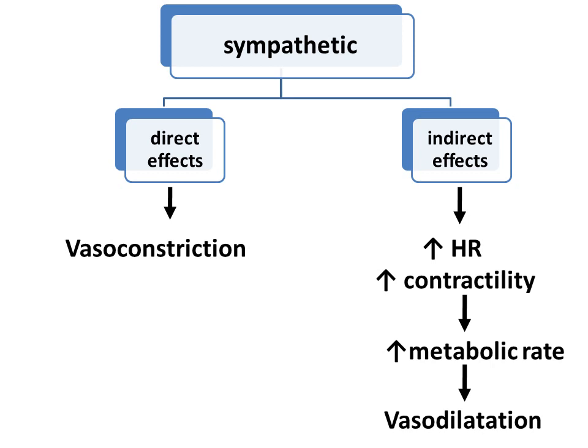What about the indirect effect of the sympathetic nervous system? The indirect effects are mostly opposite to the direct effects. Sympathetic stimulation causes increased heart rate, increased contractility, and an increased rate of metabolism of the heart.